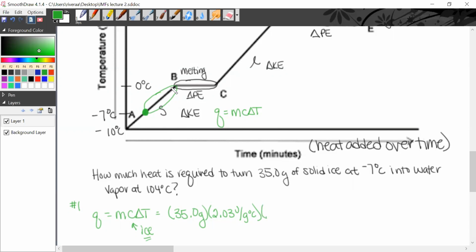The temperature change that we're talking about here is from -7 to 0. So 0 minus -7 is a +7 degrees Celsius. We're talking about an energy input, so we should be getting a positive value here for the total amount of heat. Double check my calculations, please, you guys. Also, it makes sure that you're awake.